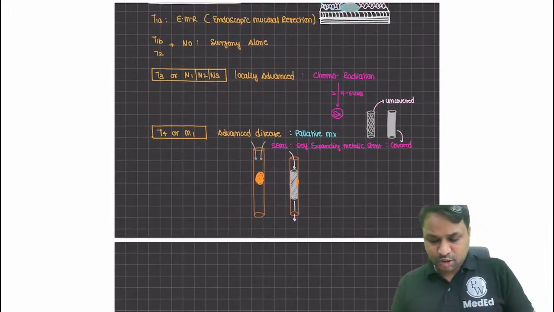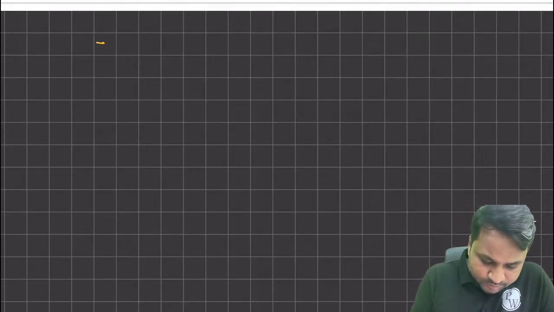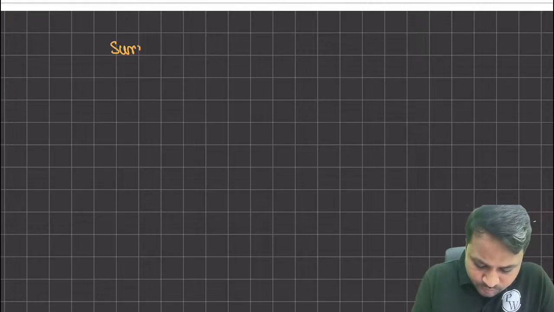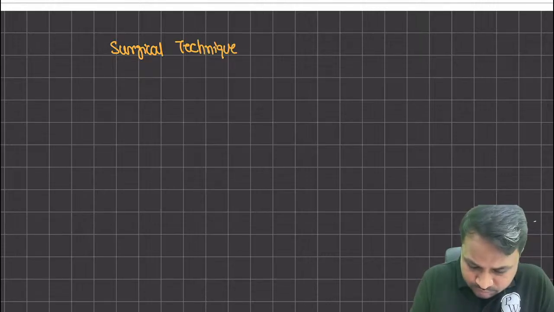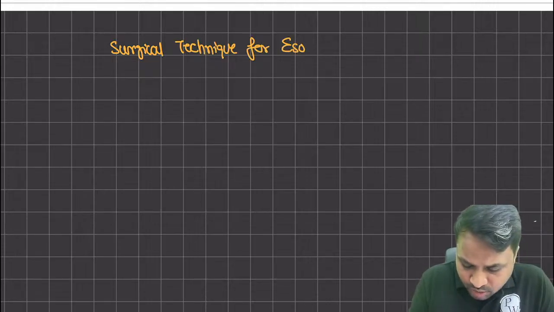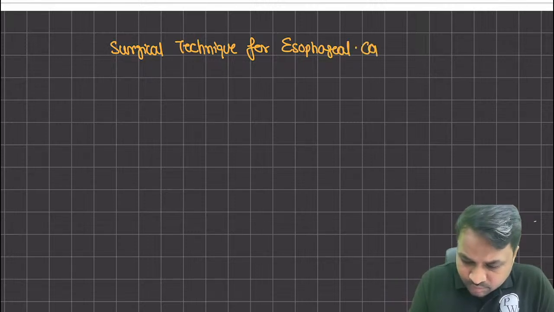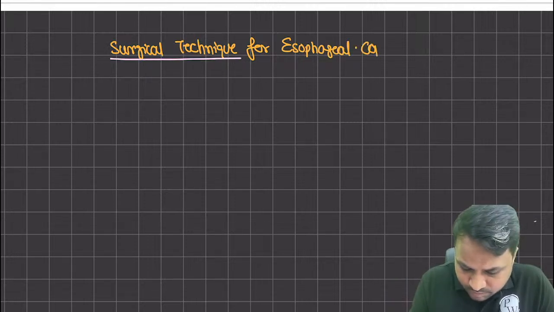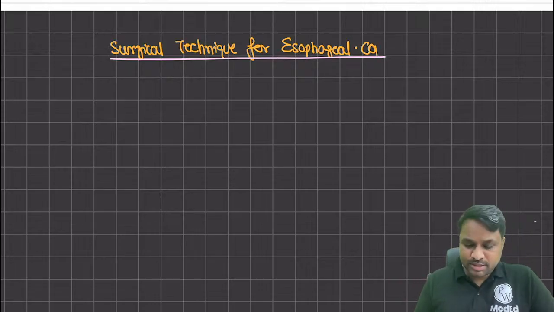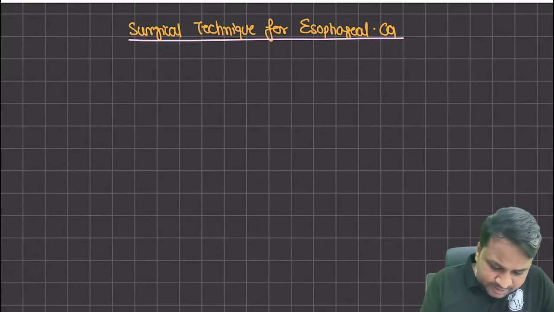Now, in terms of surgery, when you look at the surgical techniques for esophageal cancer, we have three basic techniques.